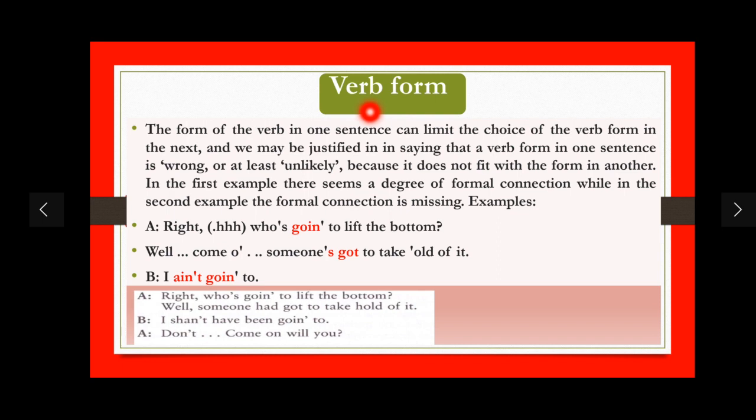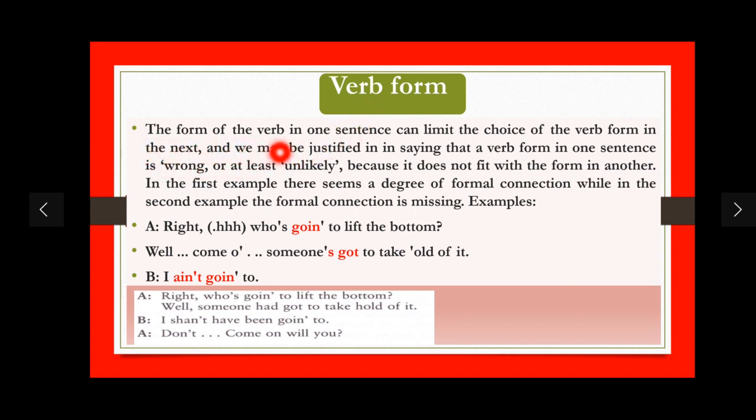If in the first sentence you are using present tense, then in all sentences you must use present tense. In this way, you will be consistent in using verb form. And when you are consistent, it means that your writing or your speech is well coherent, right? And there will be unity.